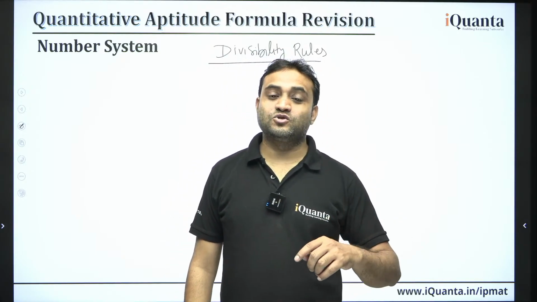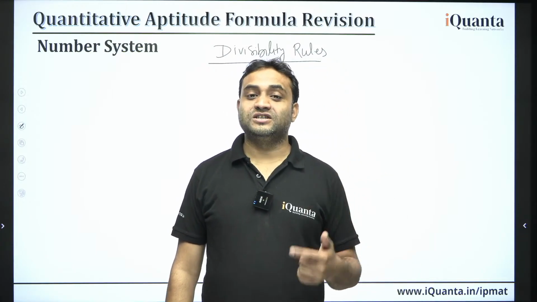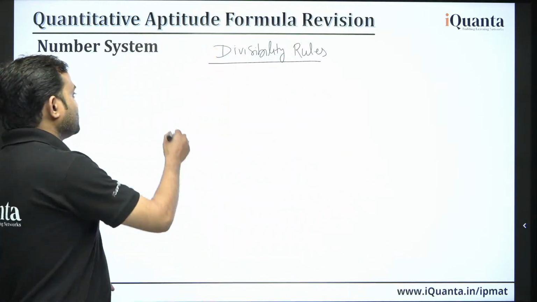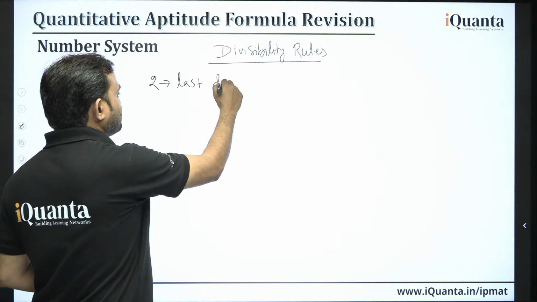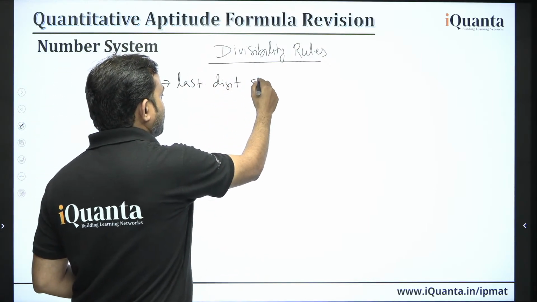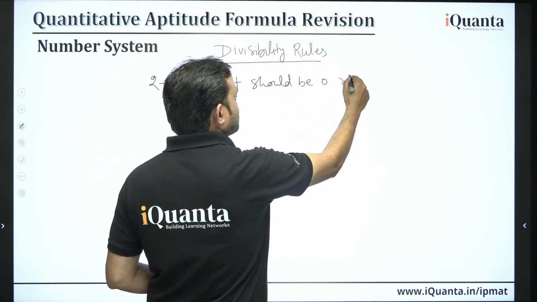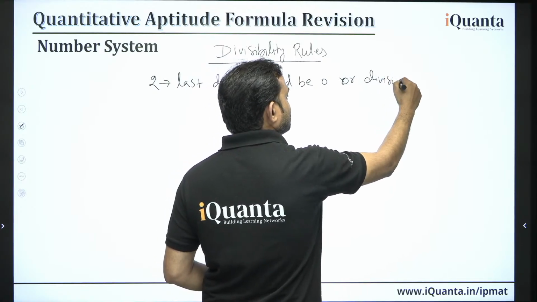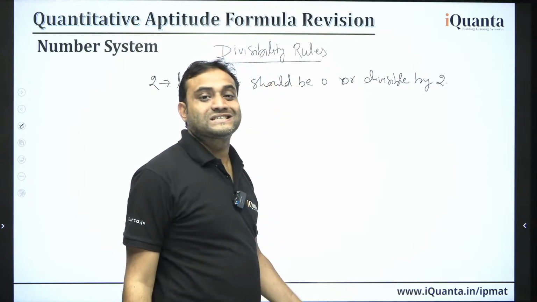The last digit should be 0 or divisible by 2, meaning 0, 2, 4, 6, 8, है ना?